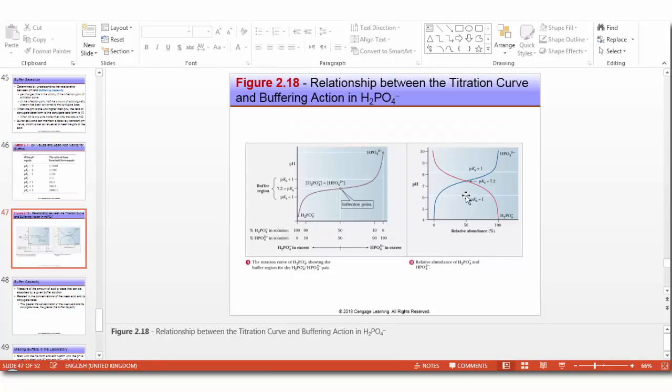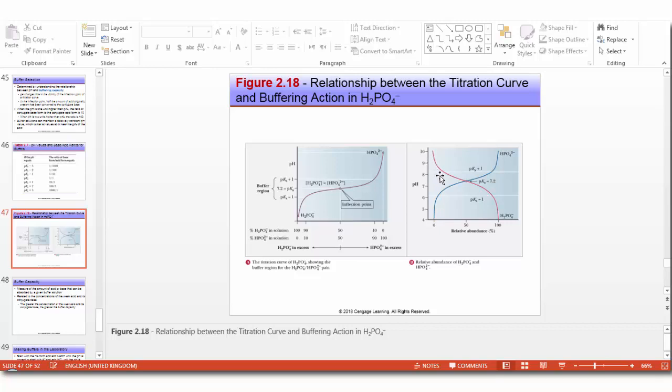Now this curve shows us the relative abundance of the acid and the conjugate base, and it explains this actually. At the beginning we have 0 conjugate base, and we have 100% acid.